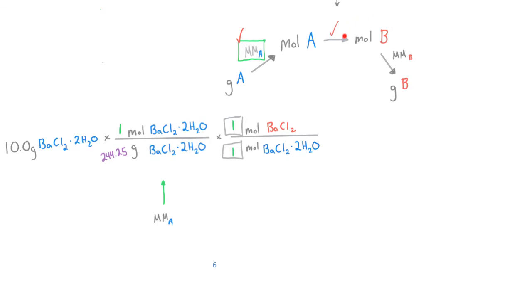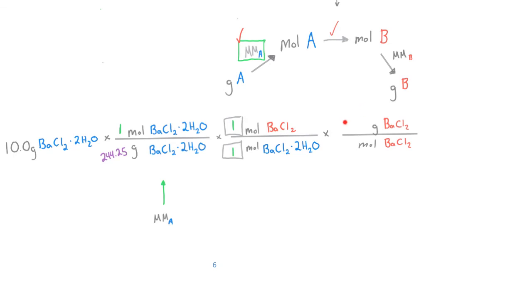We have to convert moles of B into grams of B. So we're going to need another conversion factor. And that conversion factor specifically needs to be the molar mass of B. So let's see how that's set up. Because we're converting from moles of barium chloride into grams of barium chloride, we need to have moles of barium chloride in the bottom position of the conversion factor and grams of barium chloride in the top position.